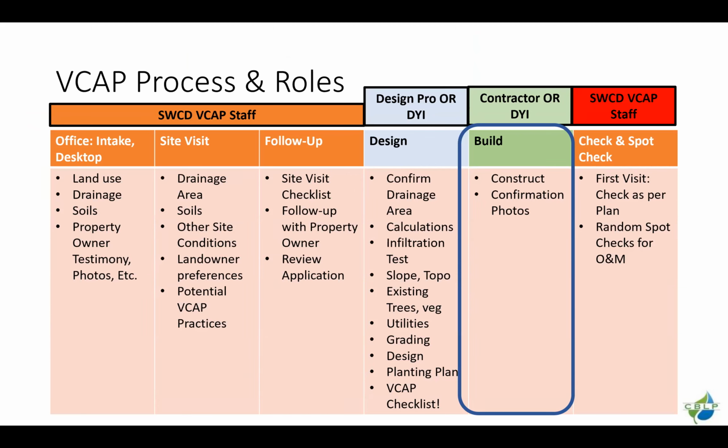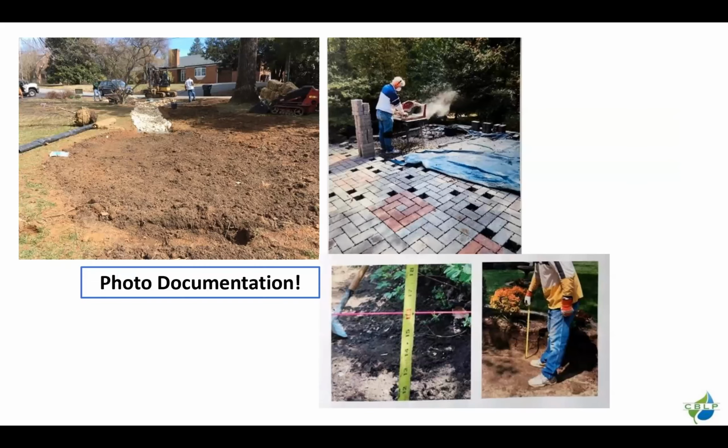Okay, so that's design and then build. Obviously, it's the contractors out there doing the permeable driveway or the rain garden or the infiltration practice or dry well. One of the things we're going to talk about is confirmation photos. And I'm going to start here on the right.